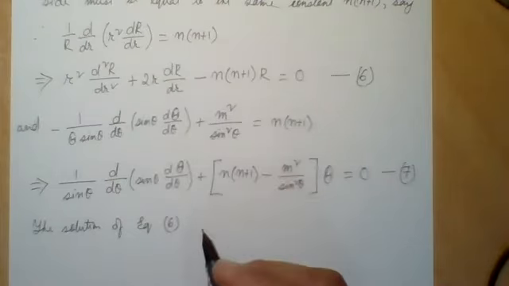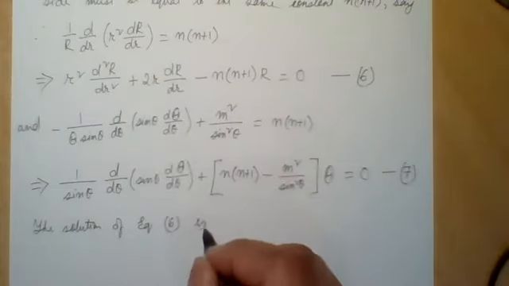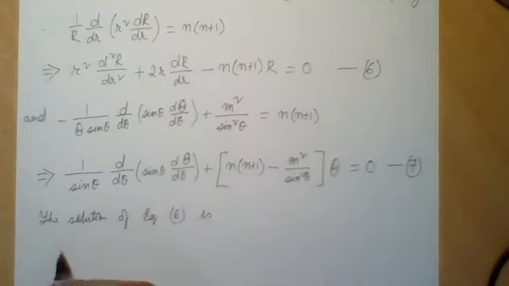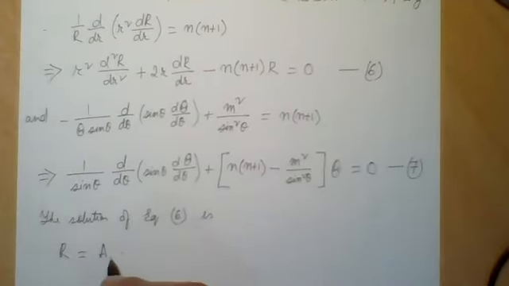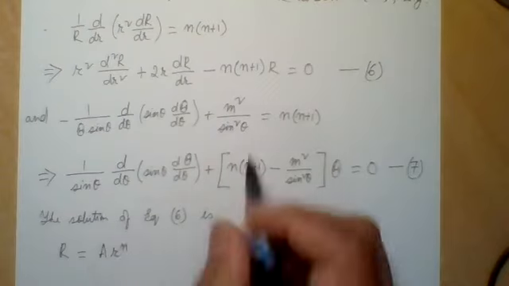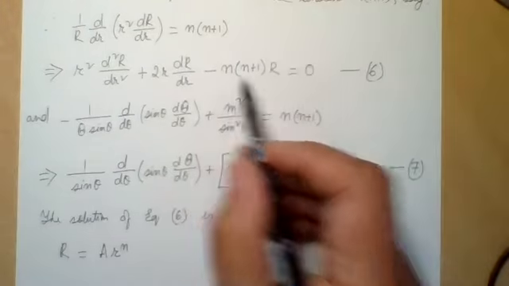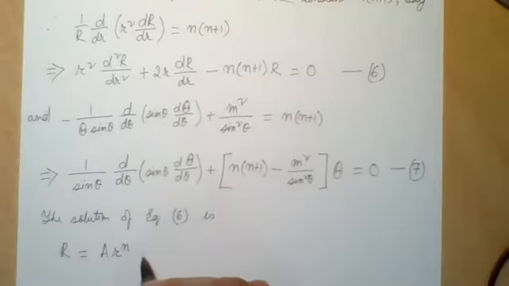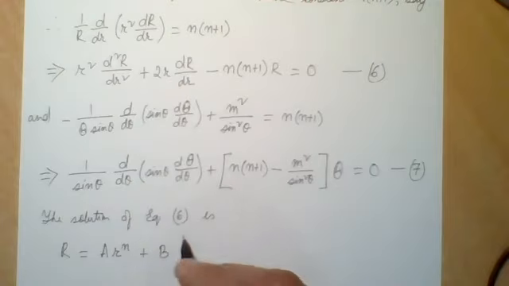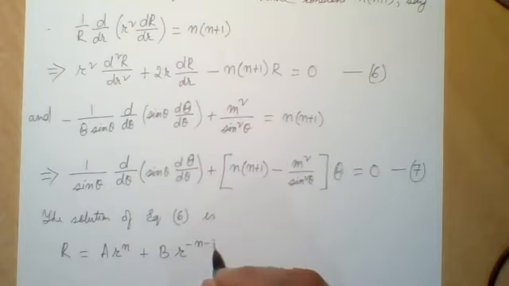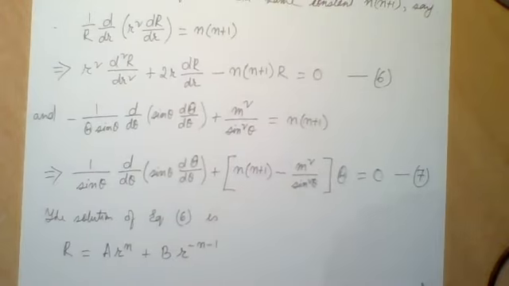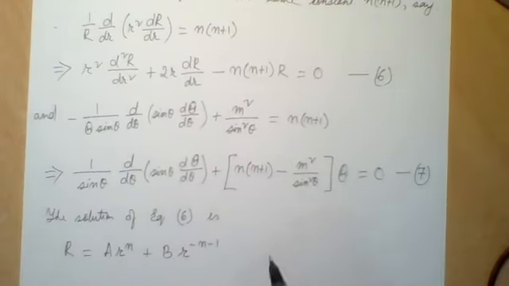The solution of equation 6 is given by capital R equal to some constant A multiplied by small r to the power n, plus B times small r to the power minus n minus 1. Let us call this equation number 8.